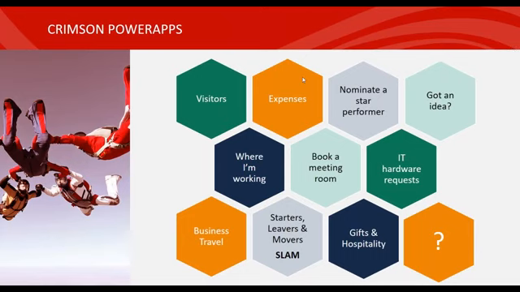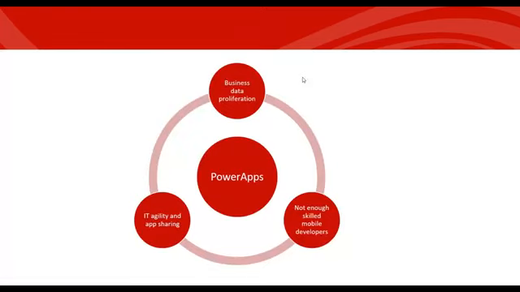Just moving on to the final slide. So Power Apps brings together the ability where there's lots of data, business data proliferation, to bring all that together into a simple app. It works very well with the way that Crimson like to work. As Mark mentioned, we like this idea of rapid prototyping so that customers can see what they're getting quickly.